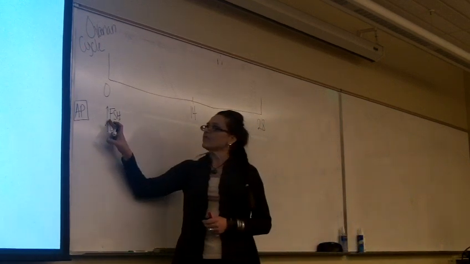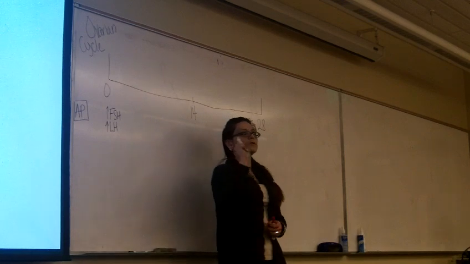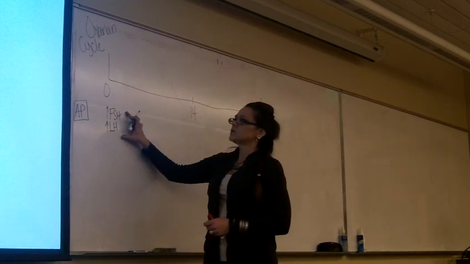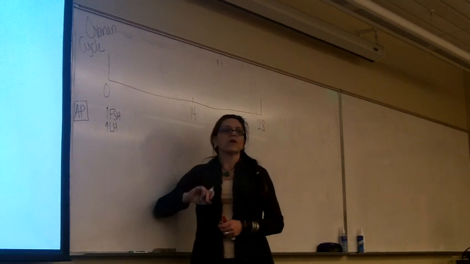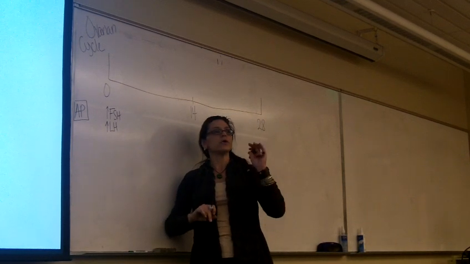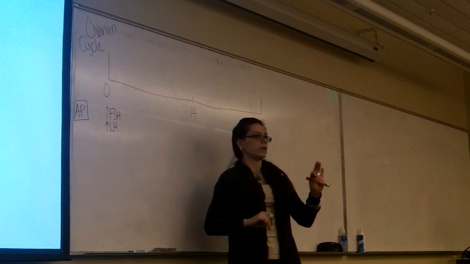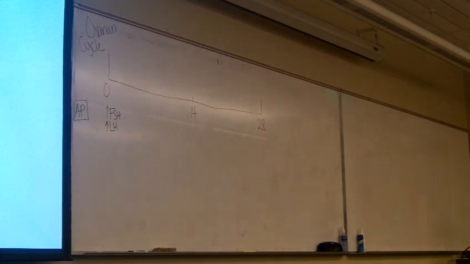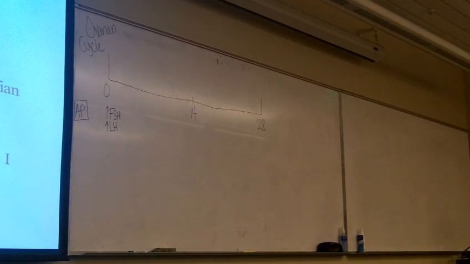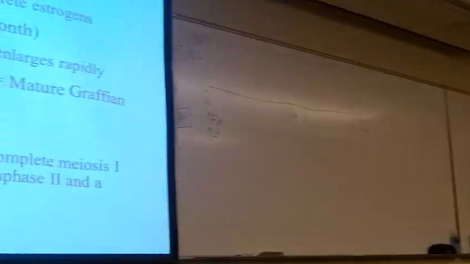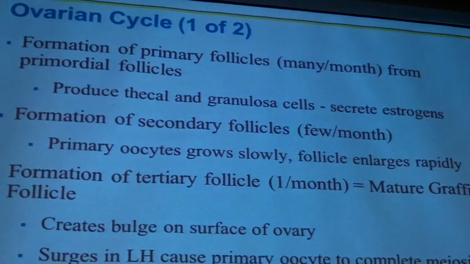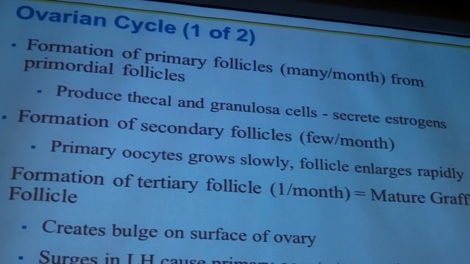And it's really FSH rising that triggers the start of this cycle. So having these levels starting to increase, particularly of FSH, is going to trigger follicles to start developing. So again, every month, you're going to have many primordial follicles becoming primary follicles.